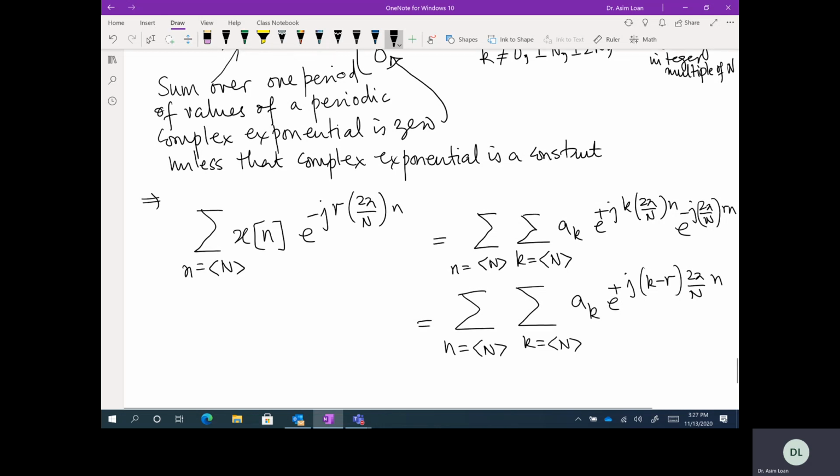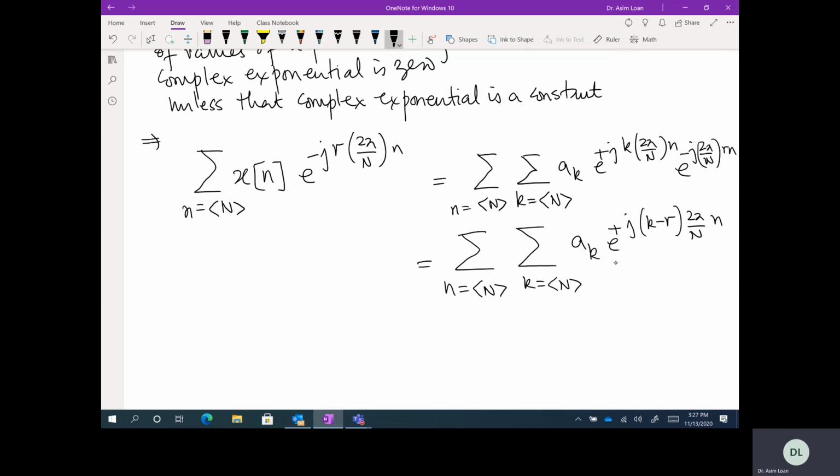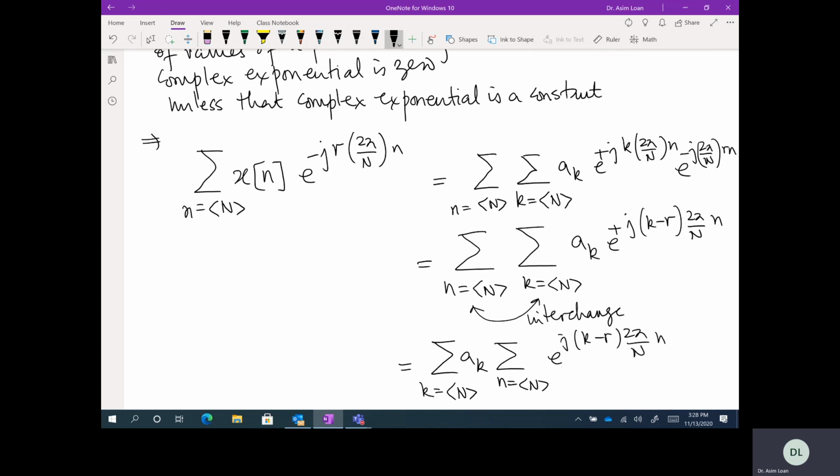And what is this equal to? This term, I can always interchange these two. So if I interchange these two, this becomes the sum over k, and this is the sum over n, a_k comes out, and this is e to the j k minus r 2 pi by n n.